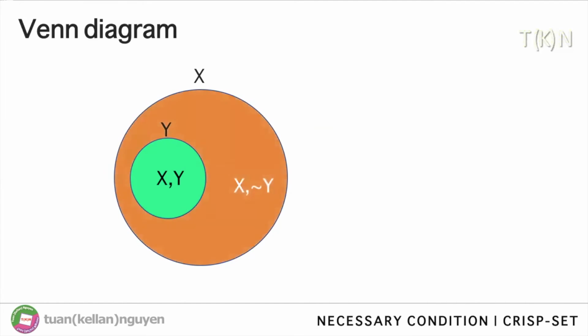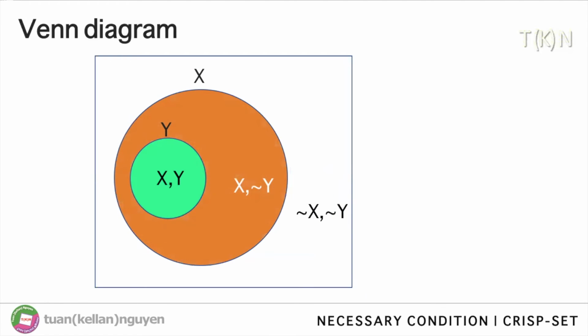The area outside Y but inside X means Y is absent and X is present. And we also have the area outside Y and outside X, which means both X and Y are absent.